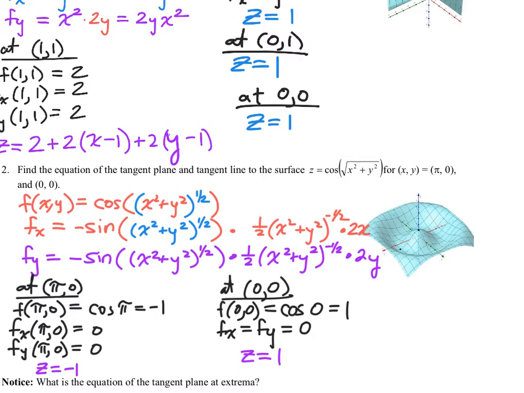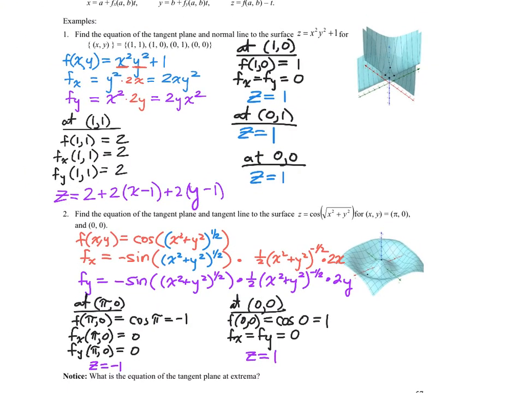All right. So we got a lot of -1s, +1s. There's only the one instance where we got something other than that. All right. So these tangent planes are of the horizontal variety. All right. So parallel to the xy plane.